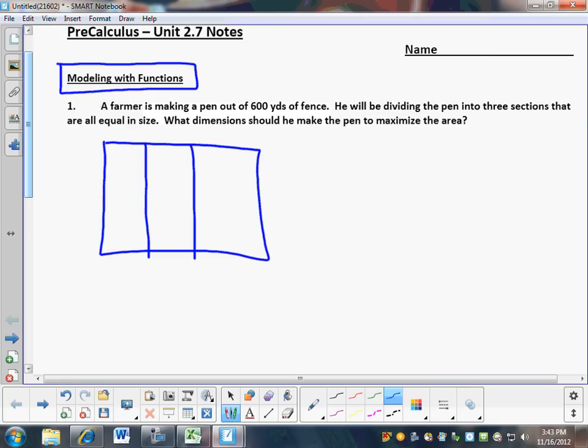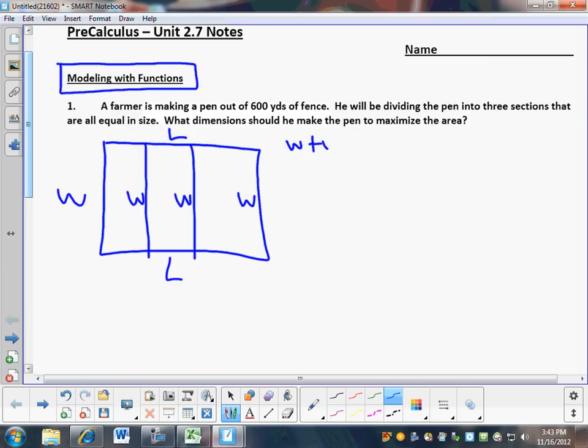We want to figure out the maximum area. We have this width and this length. You can see we have a width there, a width here, a width here. If I add up all those pieces, I get my 600 yards.